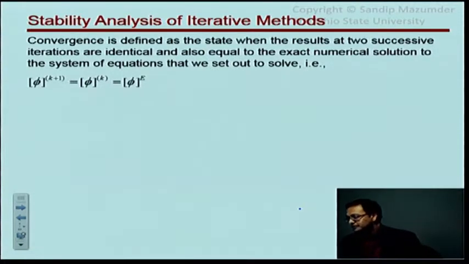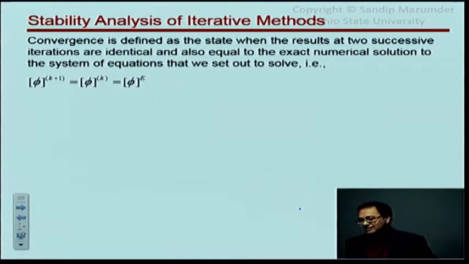Now, convergence is defined as the state where the results at two successive iterations are identical. This is sort of an alternative definition of convergence. We don't monitor convergence by this criterion because, as I said before, one of the problems is that maybe there's a bug in your program and phi k comes out to be phi k plus 1 because of that.